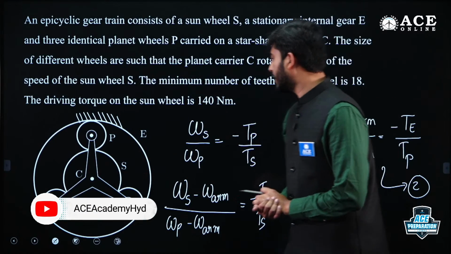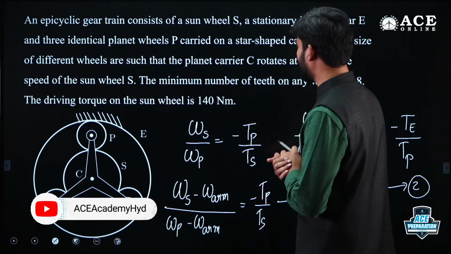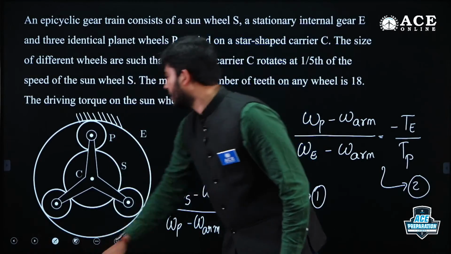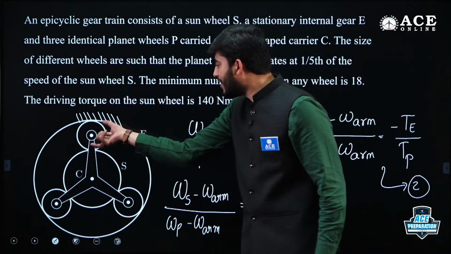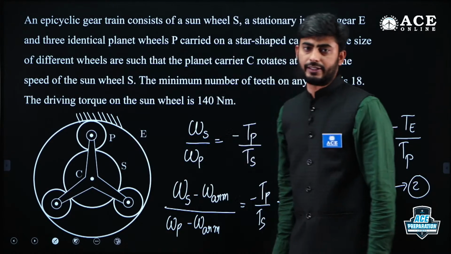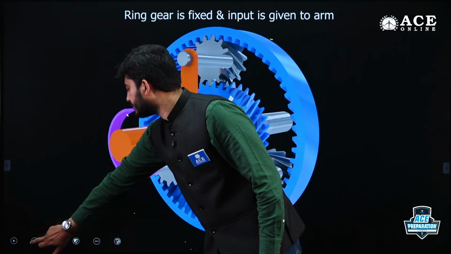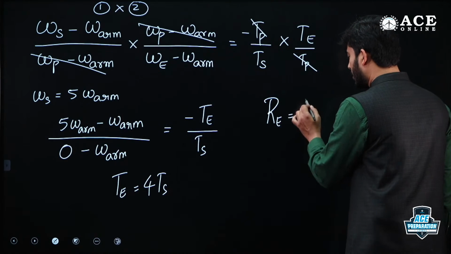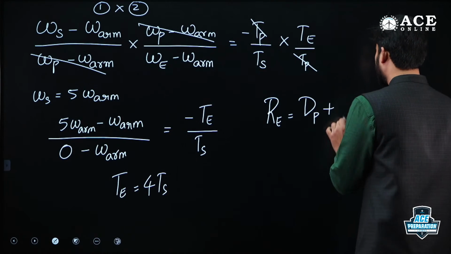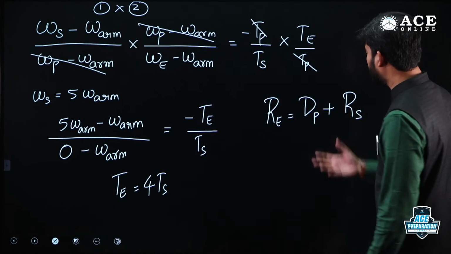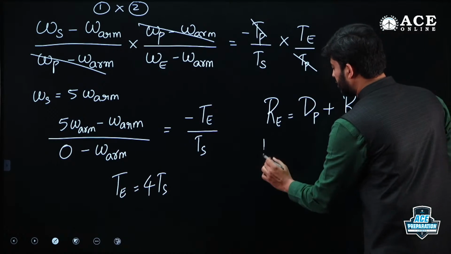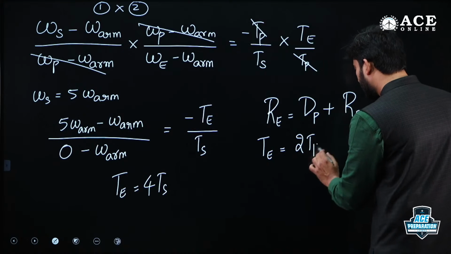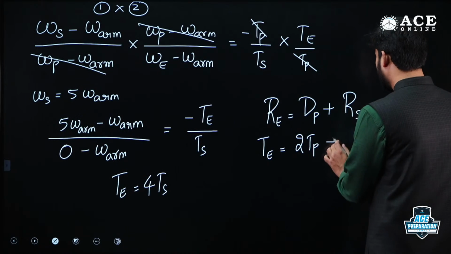Now what I can do is, the minimum number of teeth has to be 18. So I can write the summation of radius: radius of E is equal to radius of planet plus radius of sun. If you transform this into teeth, this will be Te, and for the planet diameter it has to be 2 times Tp, plus Ts.